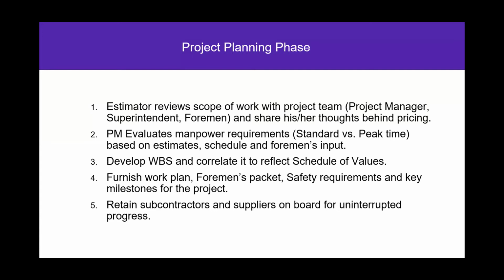Those are my three primary breakouts, and then every activity has its sub-activities. Once we do that, we will furnish work plans to the general contractors and a foreman packet. I will run you through what we typically have in the foreman packet, which also includes all the safety requirements and key milestones. So this is our initial.